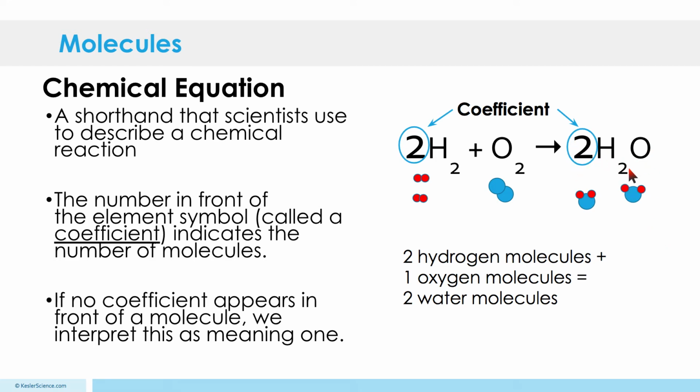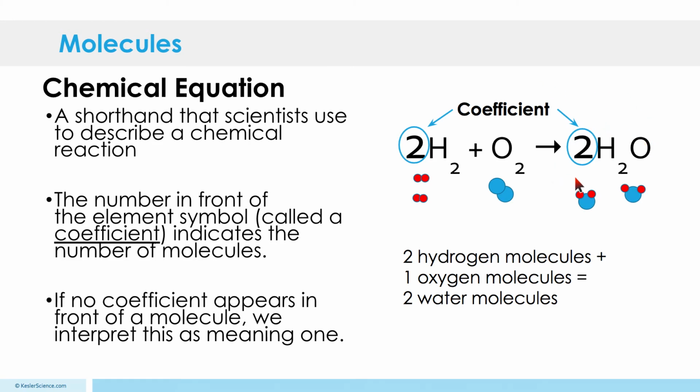Now you can start counting. The coefficient gets distributed to all of the elements in the formula that it is attached to. So this 2 gets distributed to the H, and it also gets distributed to the O.